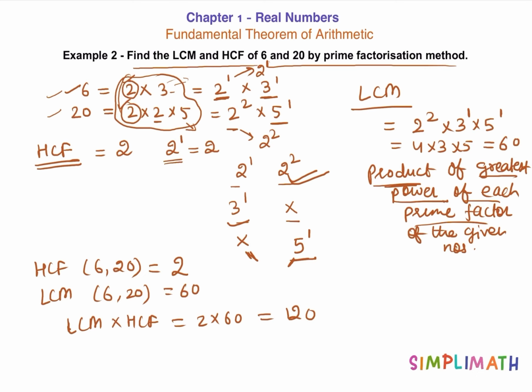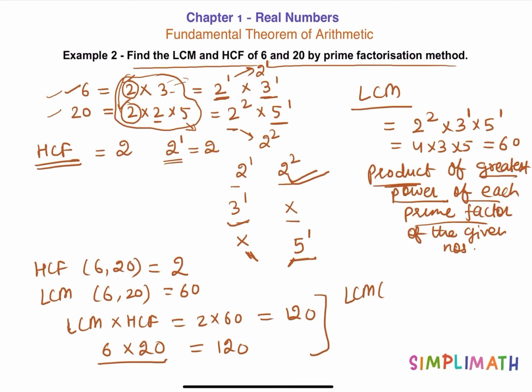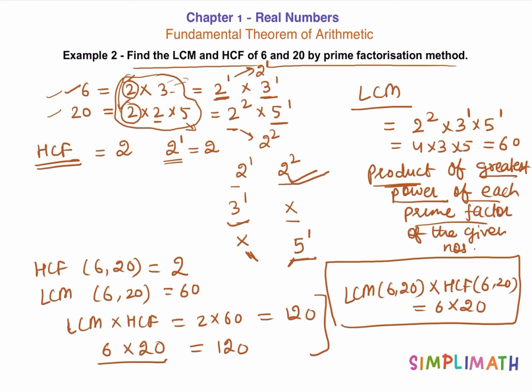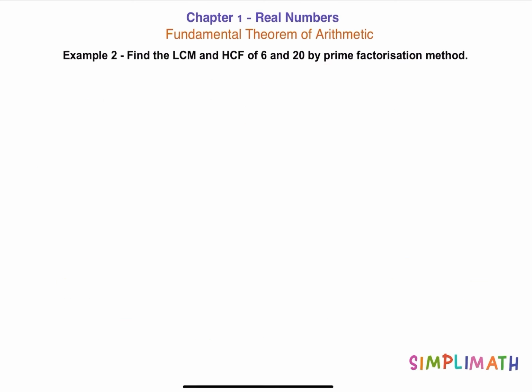And if we multiply the two numbers 6 and 20, it also equals 120. So from here we can say LCM of 6 and 20 into HCF of 6 and 20 equals 6 into 20.